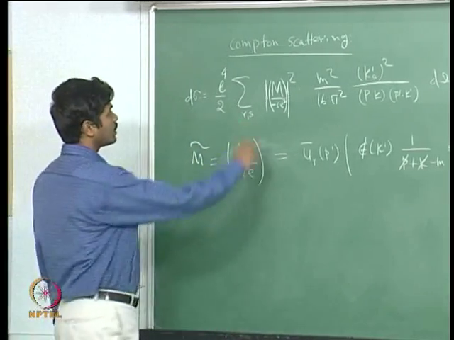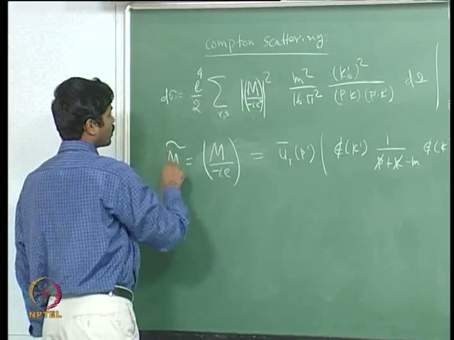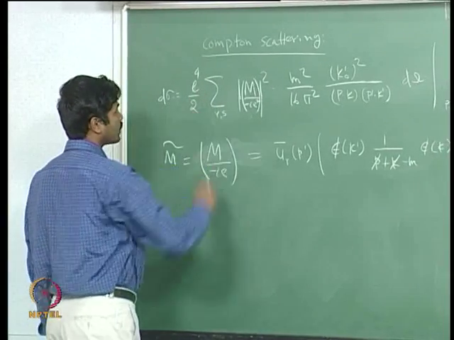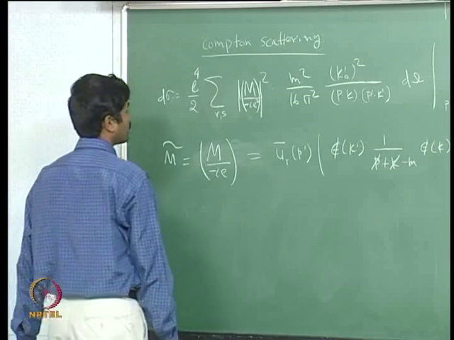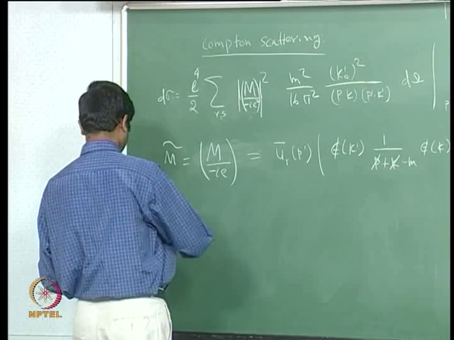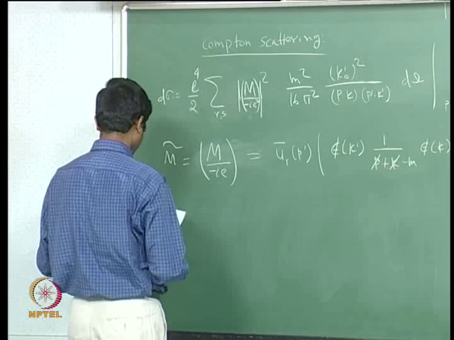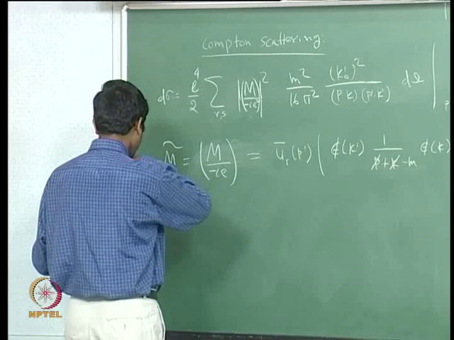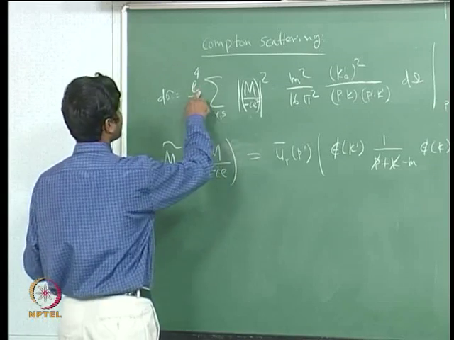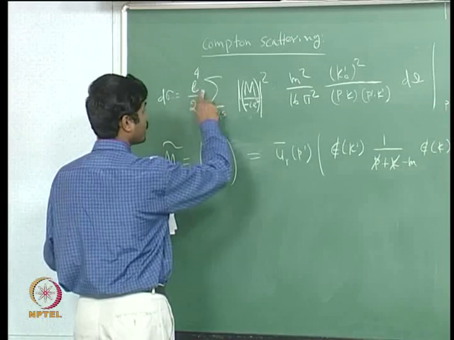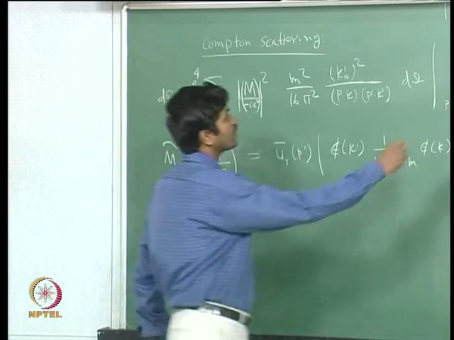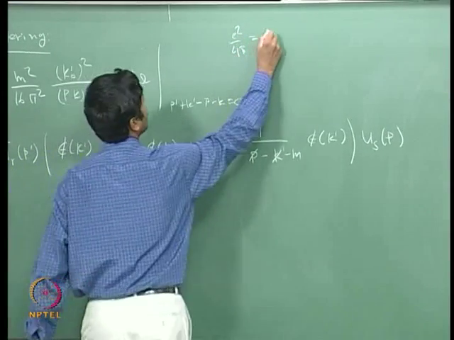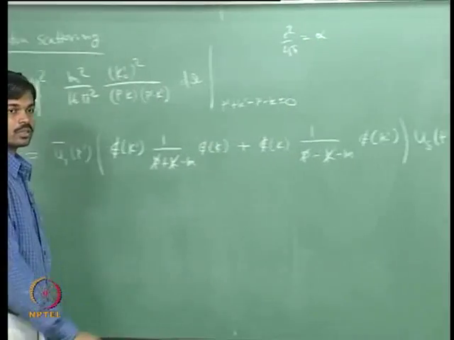And so, all I need to do is evaluate the modulus of M tilde squared here. Now, in doing this, you can see what you get. You just combine e squared divided by 4 pi, and write it as alpha, the fine structure constant.